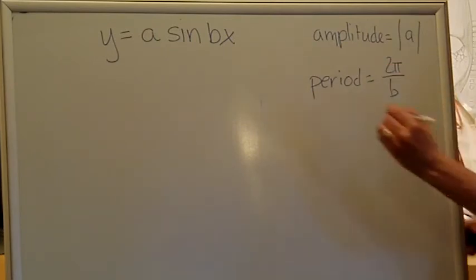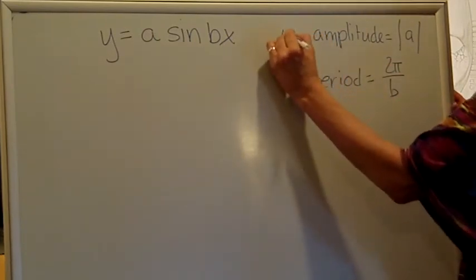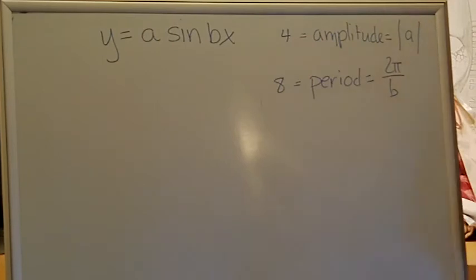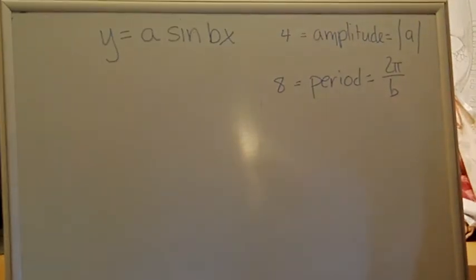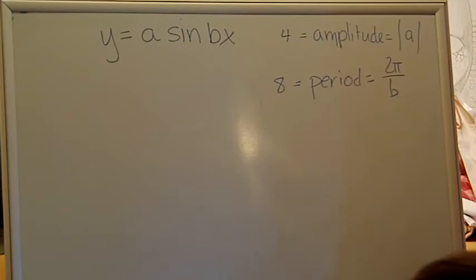So, since my amplitude is 4 and my period is 8, I know that I have to have a number in front of my sine that's either 4 or -4. Okay? So that eliminates B and E.